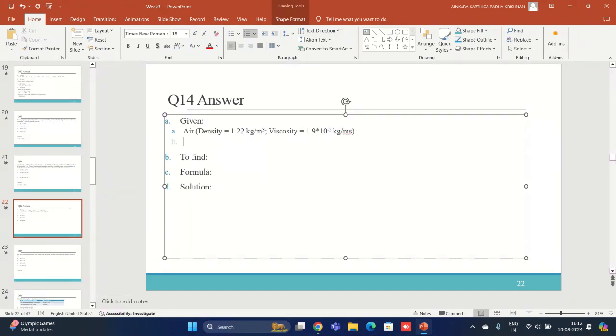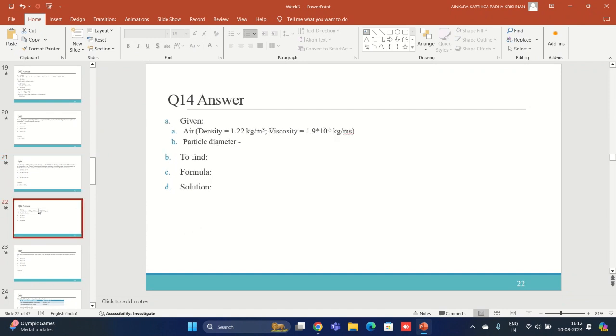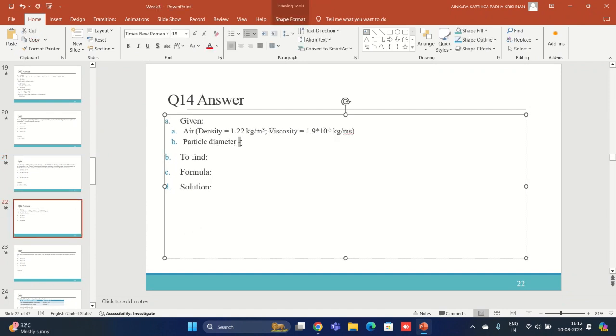Next is the particle diameter. What is the particle diameter given? It is 10 mm and it is spherical, so dp is equal to 10 mm. Since these particles are spherical, sphericity is 1.